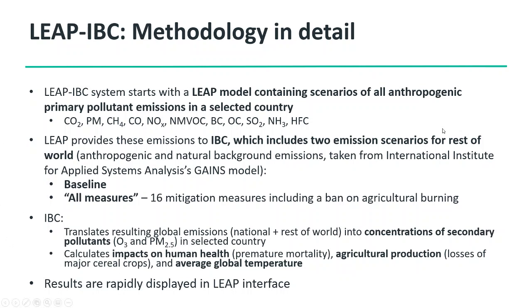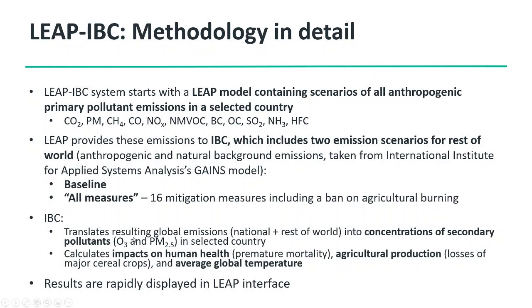So we have some default emission scenarios to represent the rest of the world emissions, and this is taken from an international database from the IIASA GAINS model, and they are used to represent emissions outside of our city.